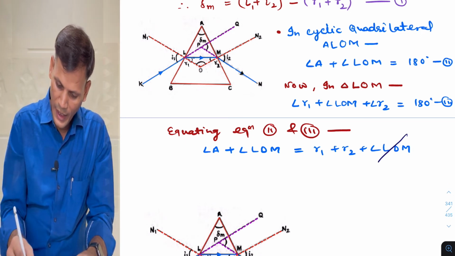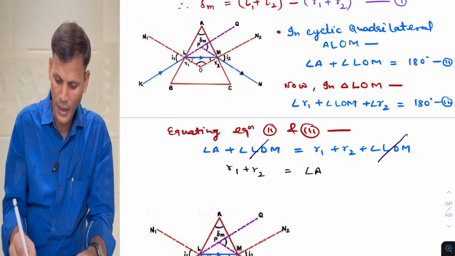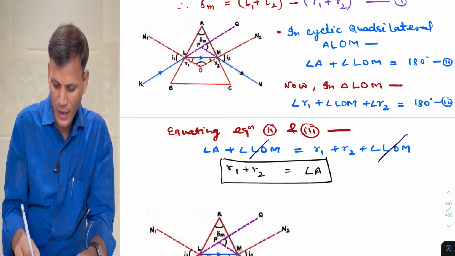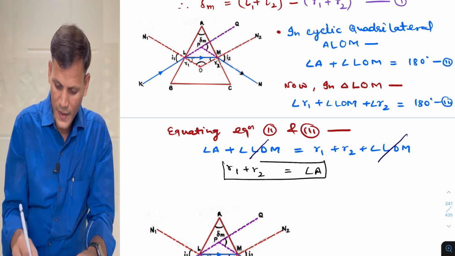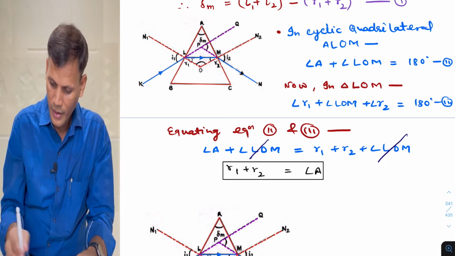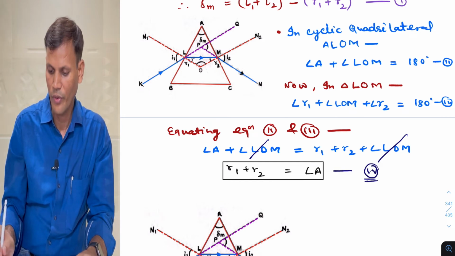LOM and LOM get cancelled, so we get R1 plus R2 is equal to angle A. This is another very important relation, which I will take as equation number 4.